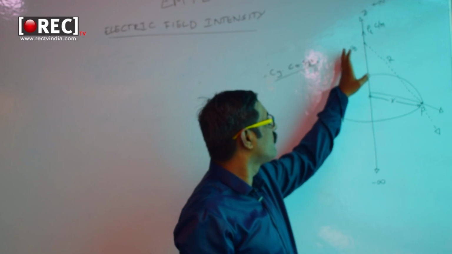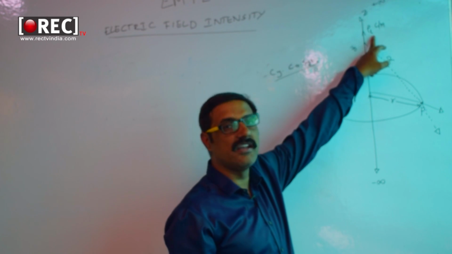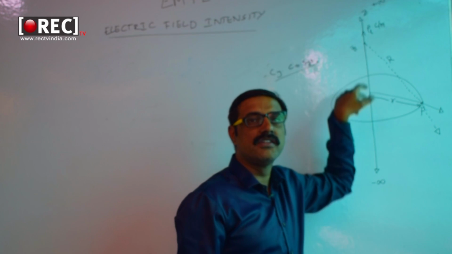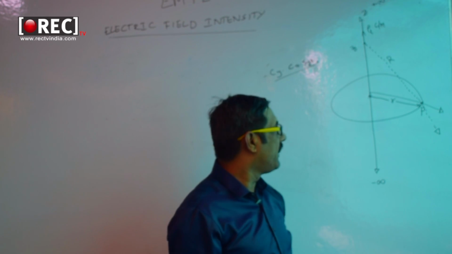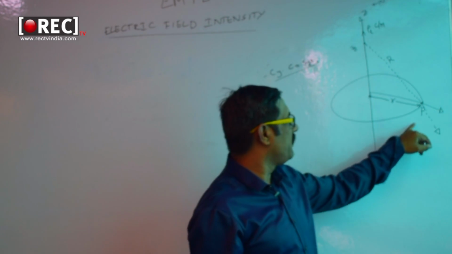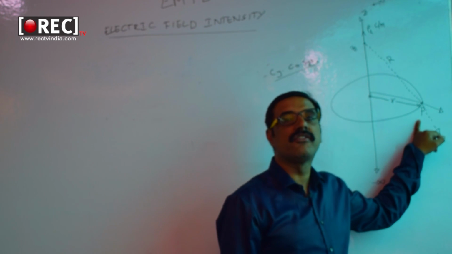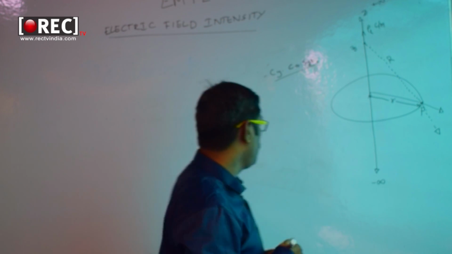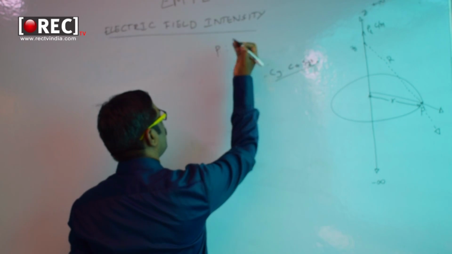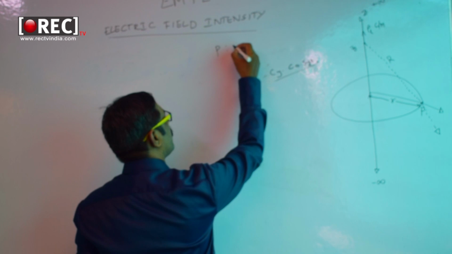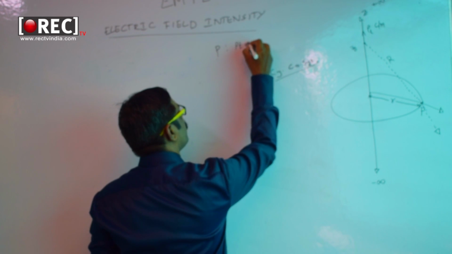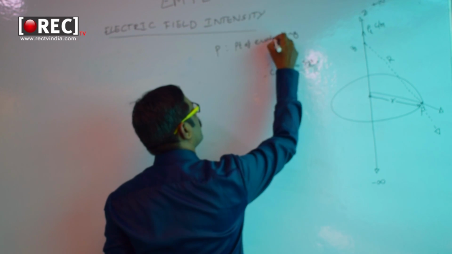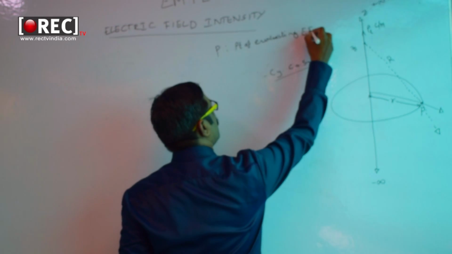First, let us assume that the line charge carrying a density of rho L coulomb per meter is along the z-axis, and let me say the point P is the point where we are interested in determining the electric field intensity. So P is the point where we are interested in evaluating EFI, the point of evaluation.